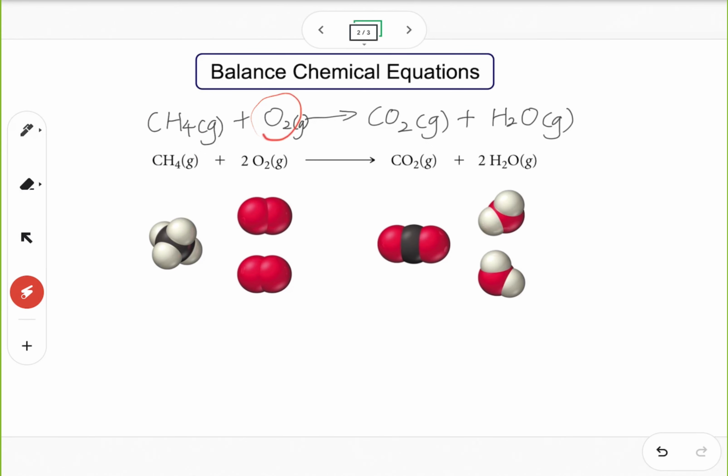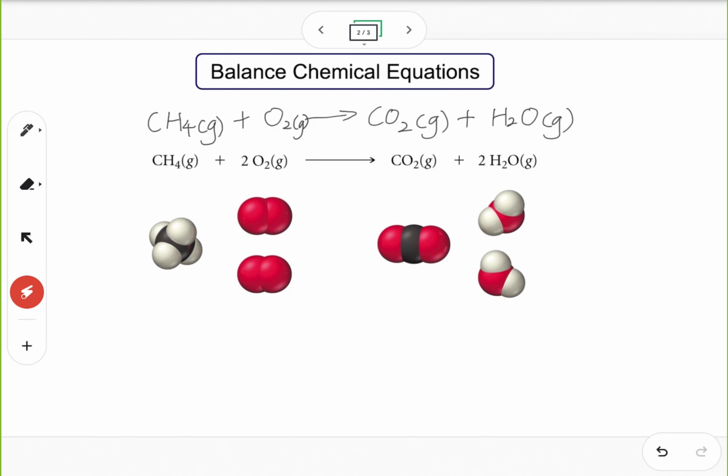Here, you have 1 O2 in the top equation, but you have 2 O2 in this balanced equation. Now, if you count the oxygen, you have a total of 4 oxygen atoms. Remember, you have 2 oxygen atoms in 1 oxygen molecule, and you have 2 O2 molecules, so 2 times 2, you have a total of 4 oxygen atoms.